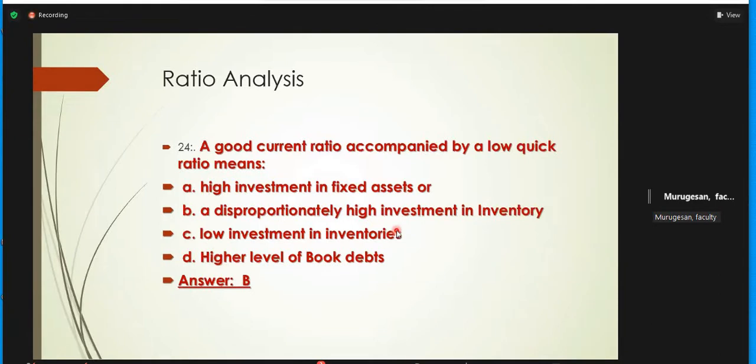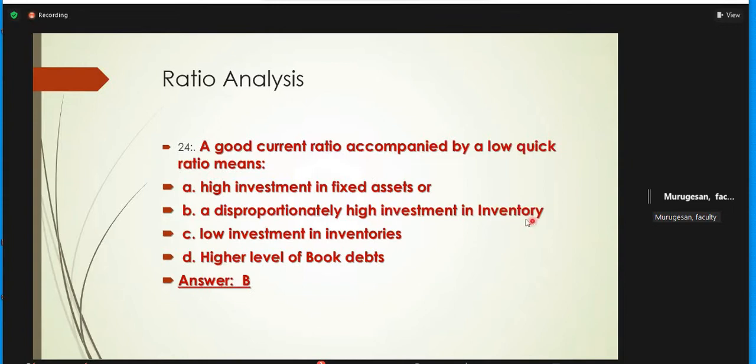The current ratio is very good, 1.6, but the quick ratio is 1.1 or less than 1. What does it indicate? Well, the answer has come. High level of investment in fixed assets, no. Disproportionately high investment in inventory, correct, because inventory is excluded in a quick ratio. Normally in the current ratio, all will be included, so this may be one of the reasons.